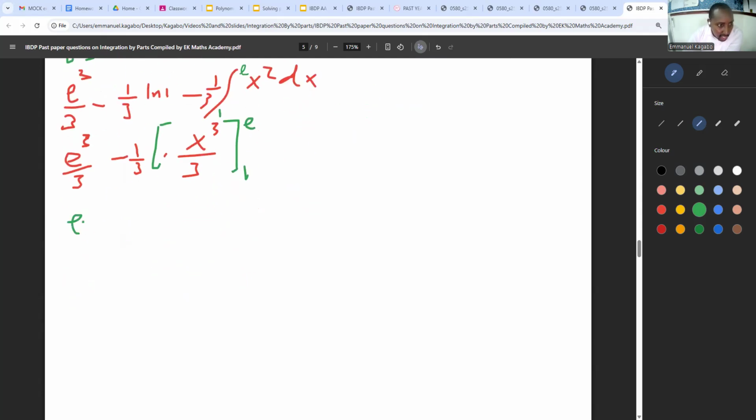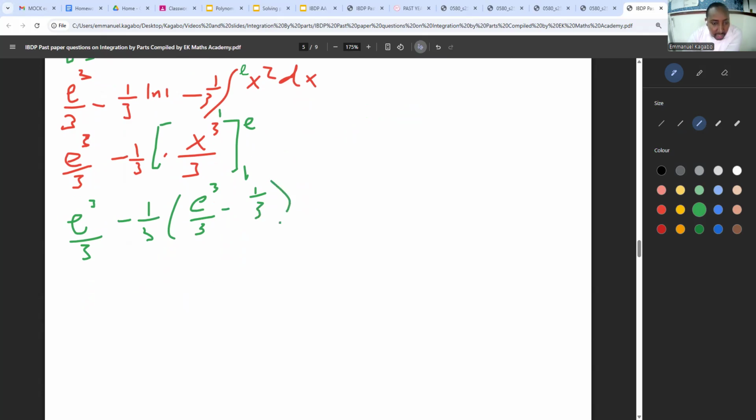Now I'll get e power 3 over 3 minus, can I put the e here? Minus 1 over 3 bracket e power 3 over 3, right? Minus 1 over, because 1 power 3 is 1 over 3, right?